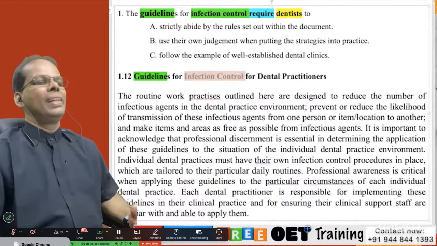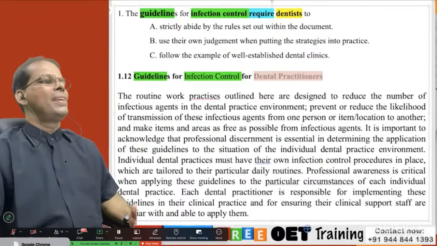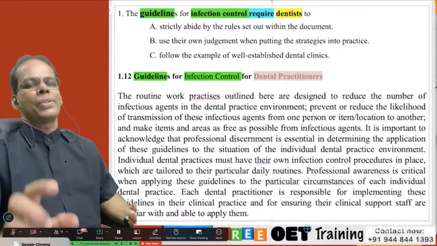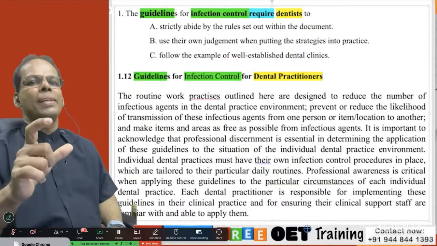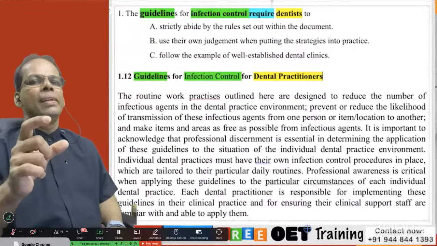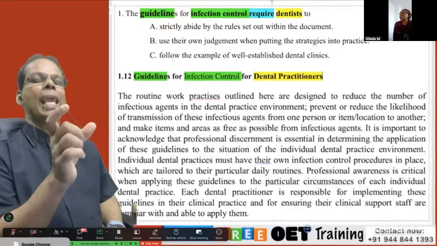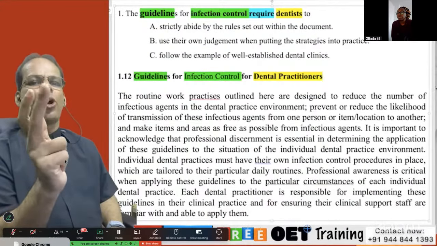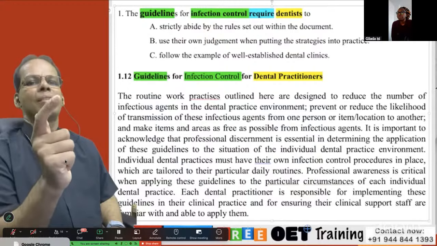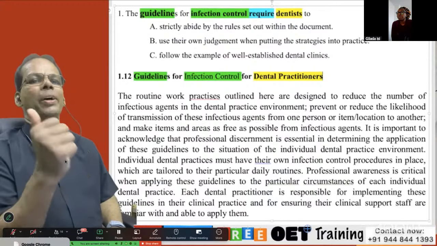Infection control. Then you have dentist, a synonymous expression, dental practitioners. See, that is called a synonymous expression. Sometimes you have a difficulty pronouncing it. It is synonyms. Synonyms means different words, same meaning. For example, kill, slaughter, assassination, murder.